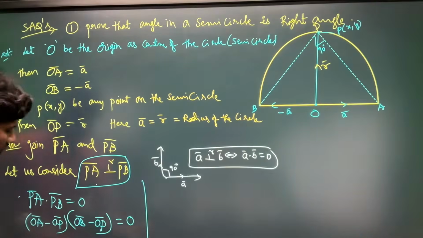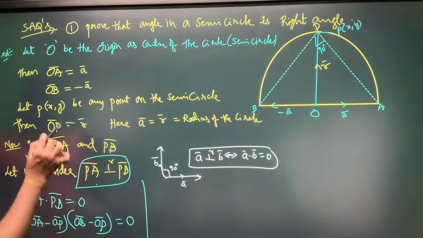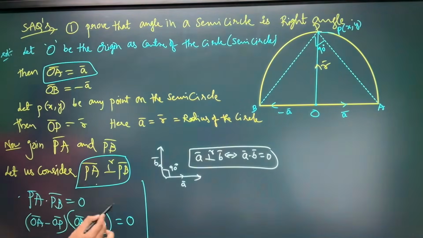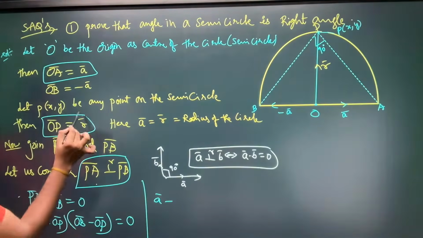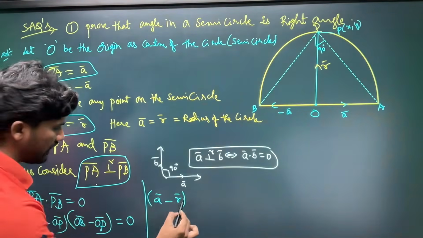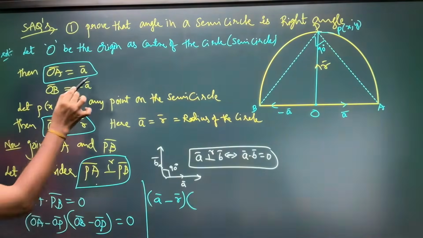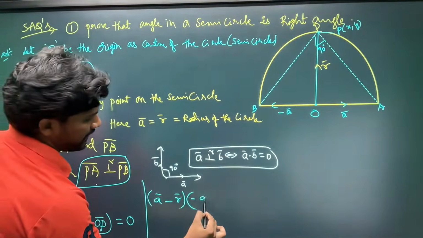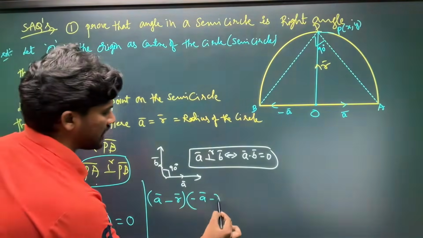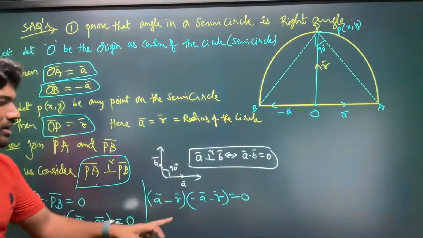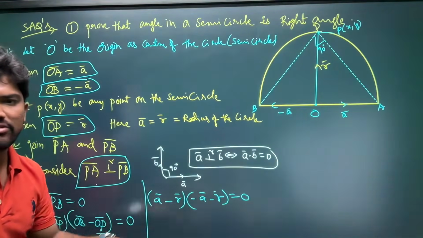Clear? Now OA bar is nothing but A bar, minus OP bar. What is the OP bar value? R bar. Into OB bar, what is the OB bar value? Minus A bar, minus again OP bar is R bar, equal to 0. From this value, take minus common.